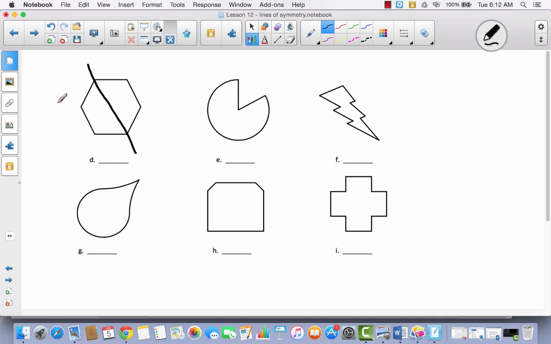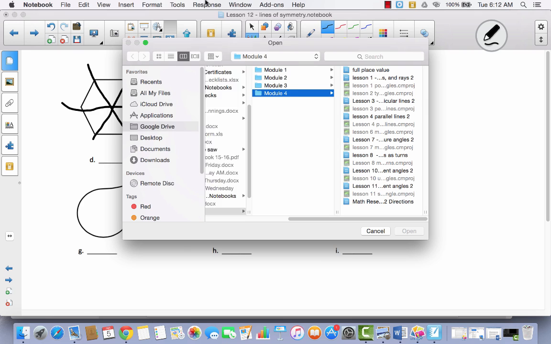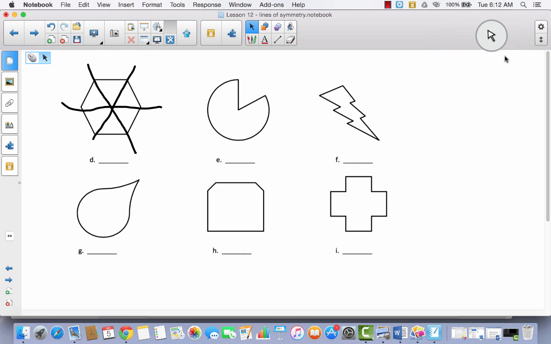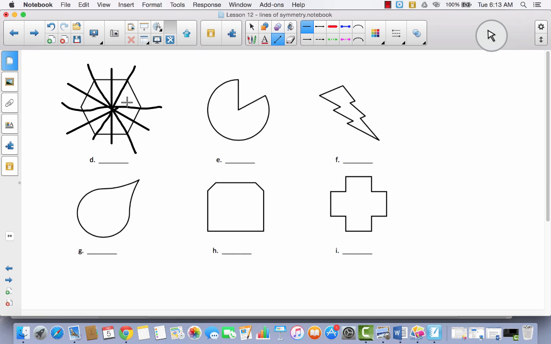So we can go from diagonal to diagonal. No, these aren't perfect. But it actually has some more, and I'm going to use my straight line here so that they look a little bit better. Okay, so you can actually go down the middle, kind of like the square, how you can go diagonal, but you can also go through the center.